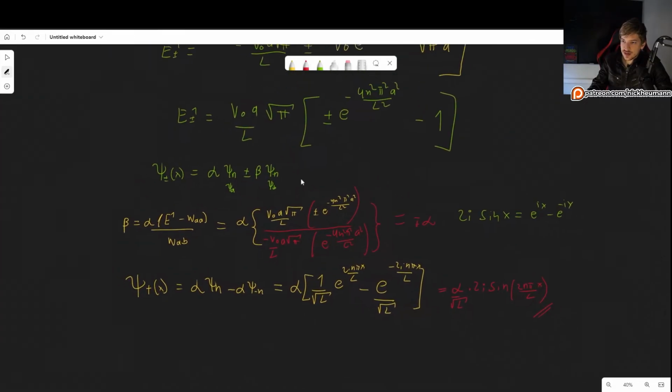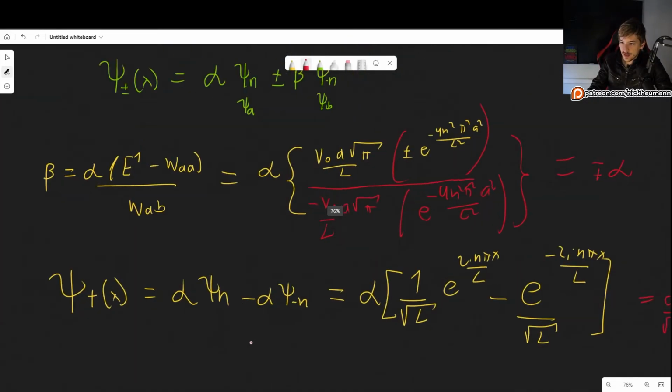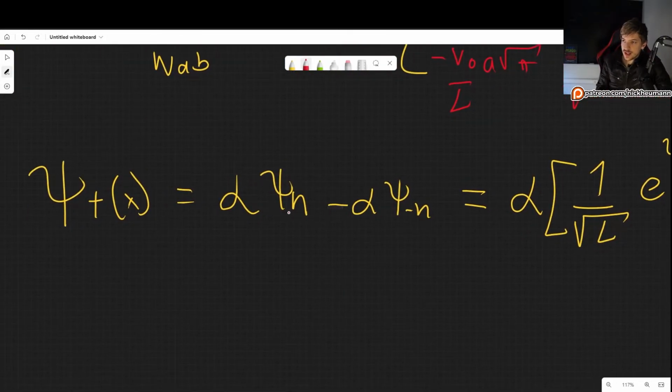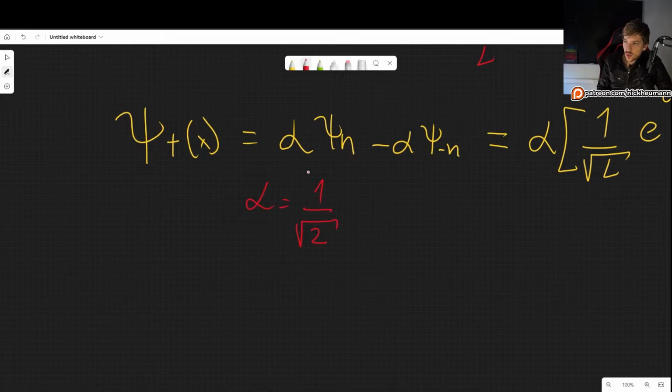Well, since our states look like this, we can easily normalize this and write that alpha is simply 1 over the square root of 2. Because when we square this, alpha squared plus alpha squared has to be equal to 1.